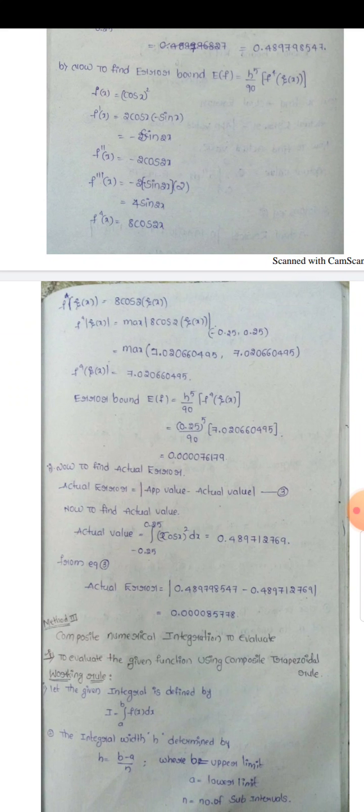Actual error equals the modulus of the approximate value 0.489798547 minus 0.489712769. After simplifying we get the value equal to 0.4085778.